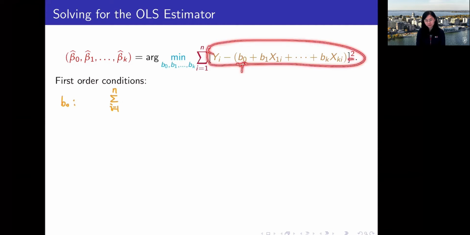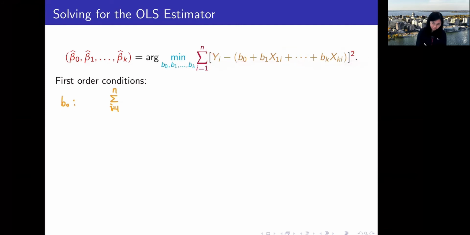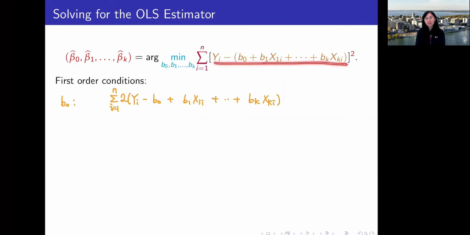First, we take the derivative of the square function. That gives us 2 times what's inside the square function. And what's inside the square function is a linear function of b naught with the coefficient -1. So the chain rule tells us that we should multiply by -1. So that is the first derivative of the criterion function with respect to b naught.